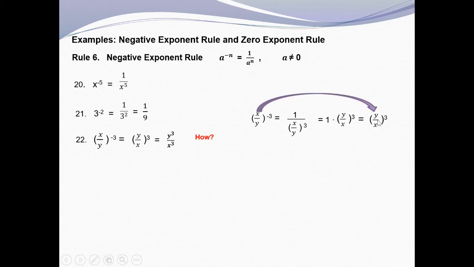So you can go from here to here, guys. That's what I was mentioning earlier on some of the rules. That's why I went from here to here. If you have a negative exponent, all you do is flip it, and the exponent becomes positive.